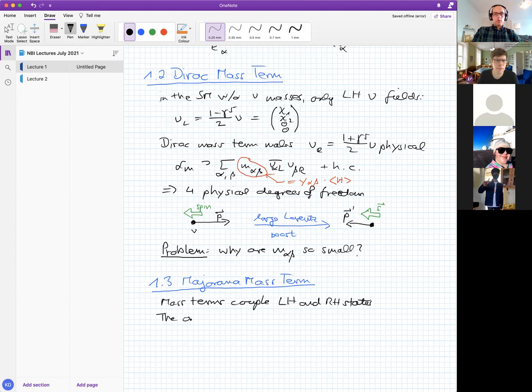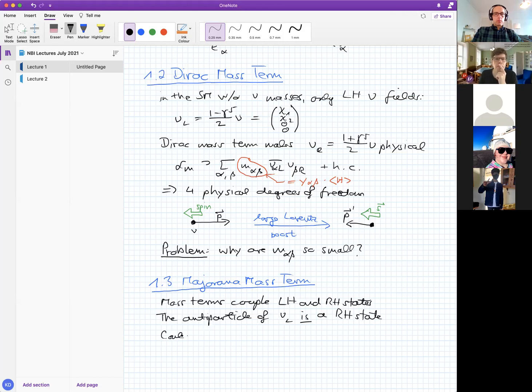So the antiparticle of nu left is a right-handed state. So the question is, could that right-handed state play the role of the right-handed neutrinos?